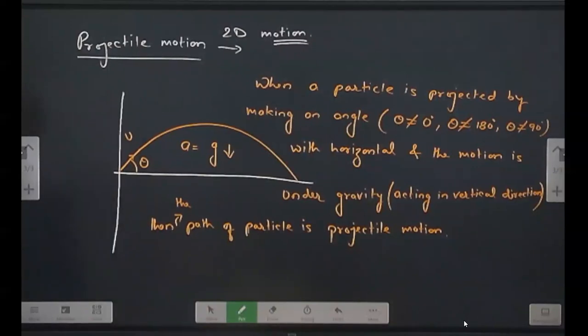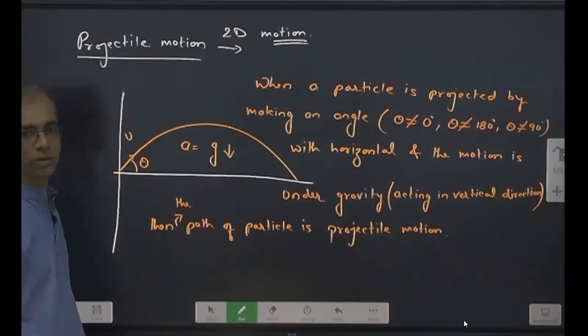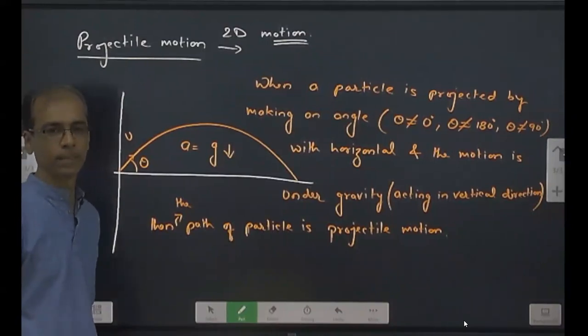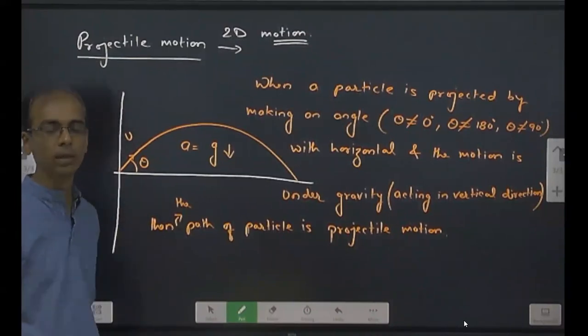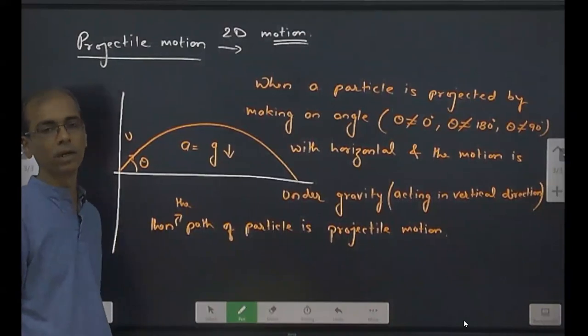Sir, I have a doubt. Ask. You said that theta can't be 0, 180 and 90. So why can't it be 90 degrees? If I'm throwing the ball perpendicular to the ground, anyhow it will hit the ground again. That will be straight line motion, right? If you are throwing a particle vertically, that is motion under gravity that we have studied in 1D, no?